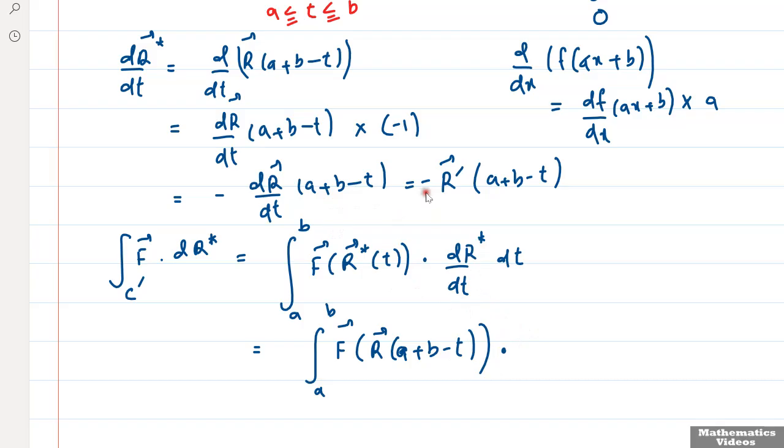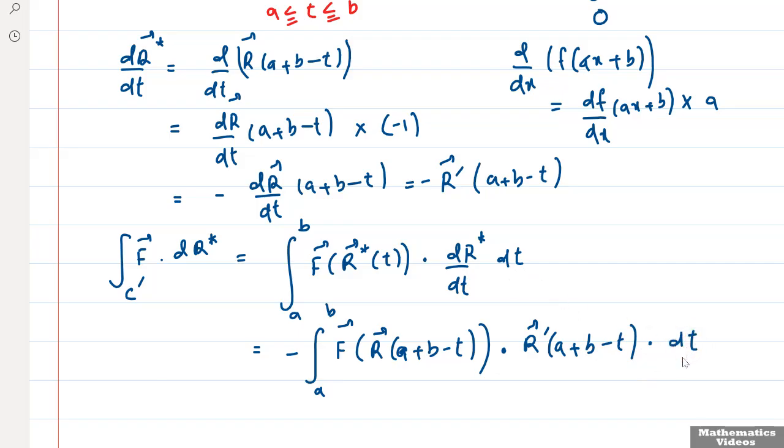Dr star by dt is equal to minus times r prime of a plus b minus t, and then we have dt.